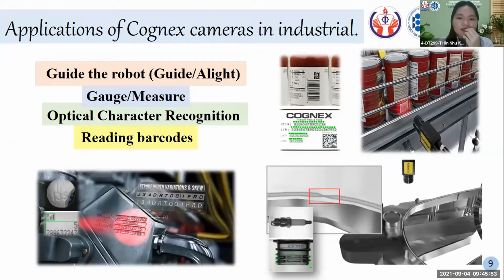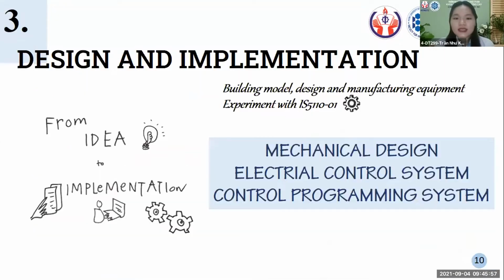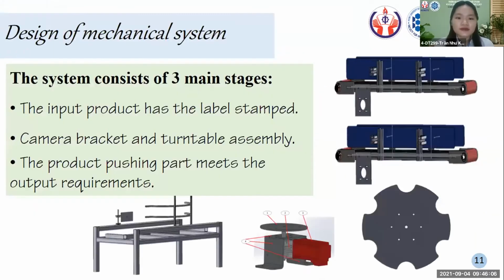Here you can see some applications of cameras in industry. Next, I will design and implement the machine system. The system requires input conveyors, output conveyors, a turntable, and a machine frame with camera placement.